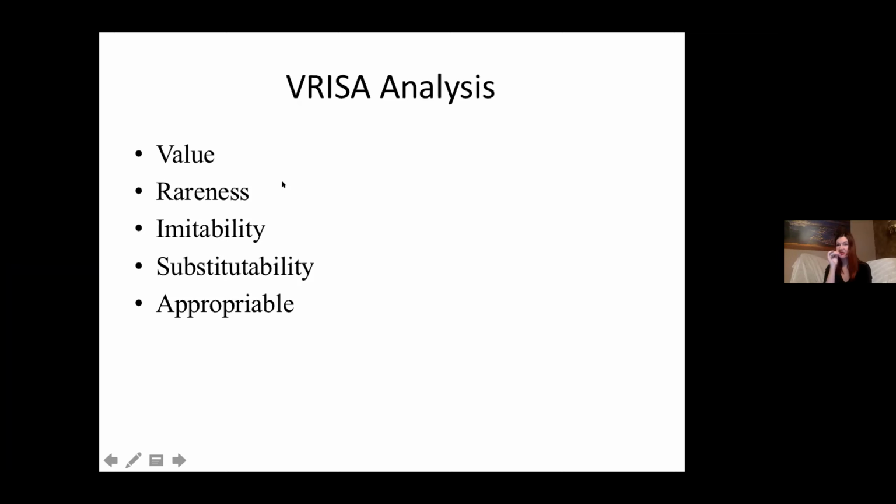So VRISA analysis, it's a really short analysis connected to the internal part, to our internal analysis. And it's value, rareness, imitability, substitutability, and appropriability. As you can see, it's an acronym. VRISA is an acronym for these words.